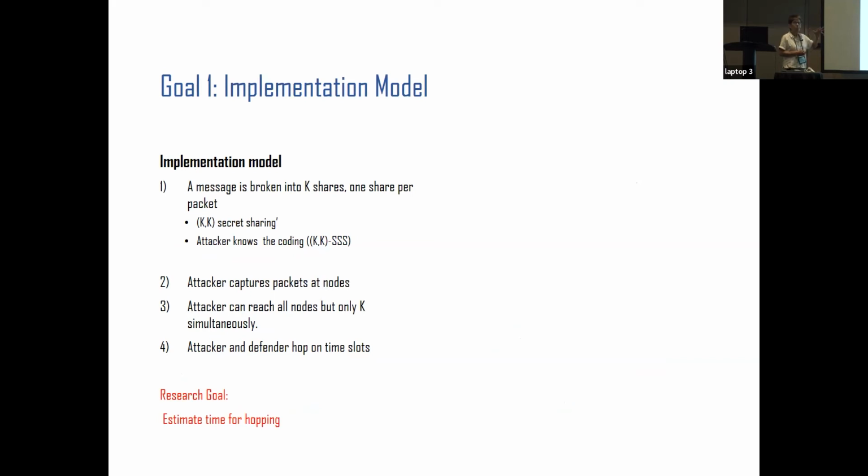The nodes are the places where the attacker can compromise the system. We assume that the attacker can access all the nodes in the system, but at each time it compromises K nodes.